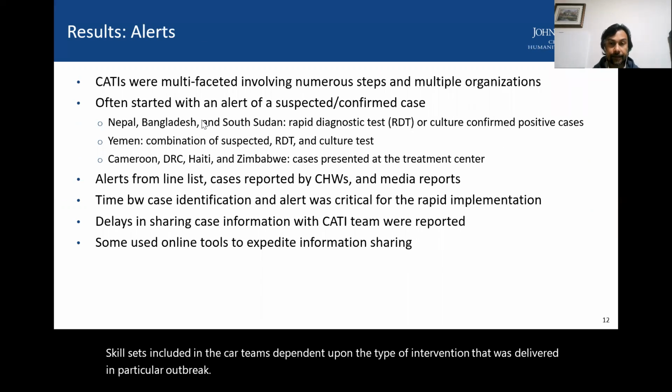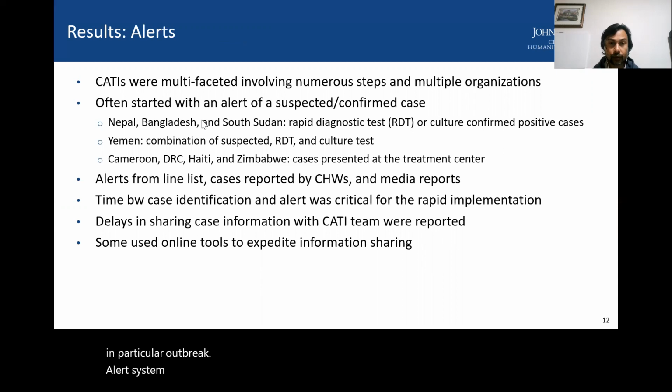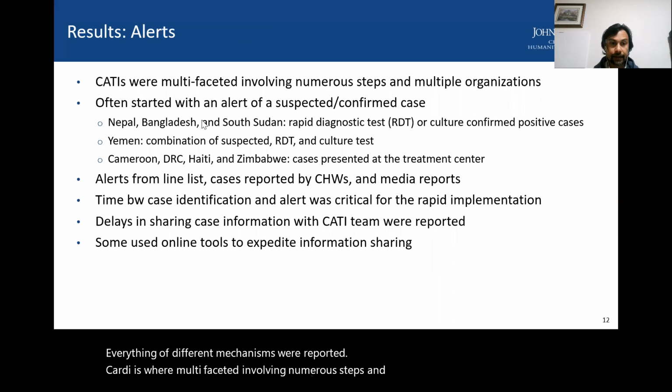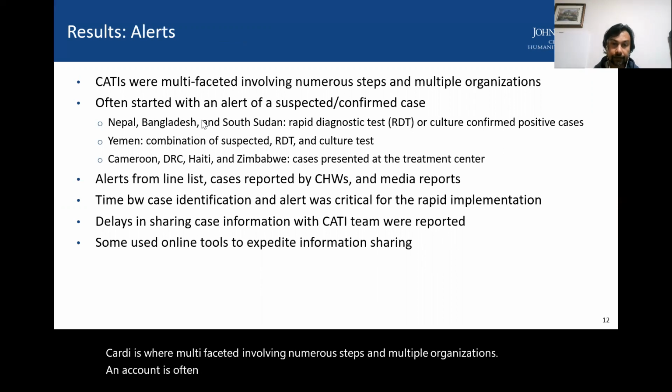Alert system. A range of different mechanisms were reported. CATIs were multifaceted, involving numerous steps and multiple organizations. And a CATI often started with an alert of suspected or confirmed cholera case.